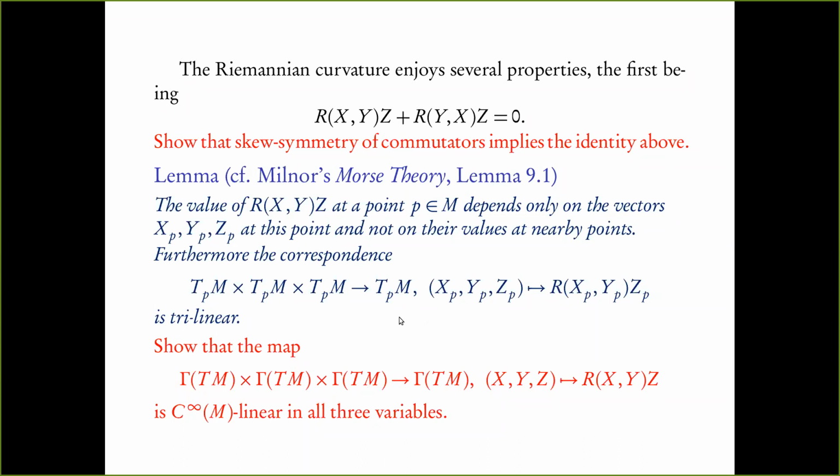There's just a small algebraic deduction that if you have something like this, and then as the point varies, that will imply that the exercise in red is going to be C infinity M linear. Okay? It's not really a big claim. Does that answer your question?